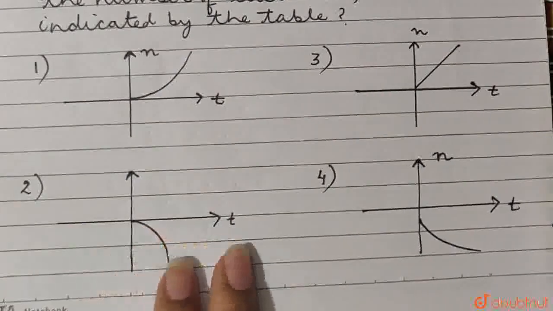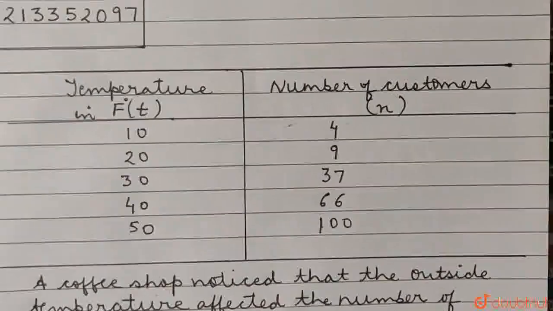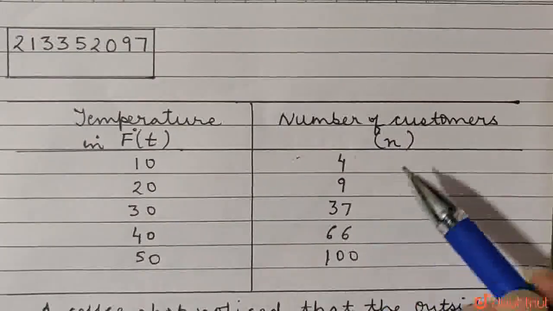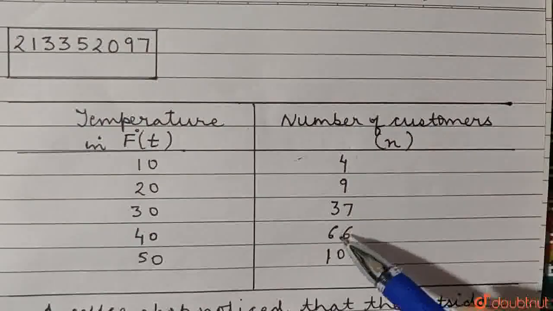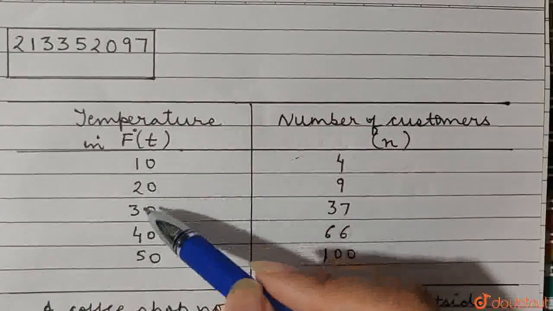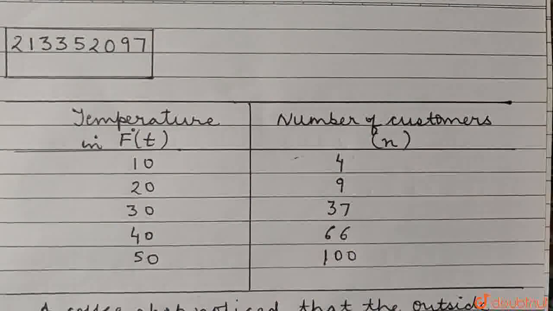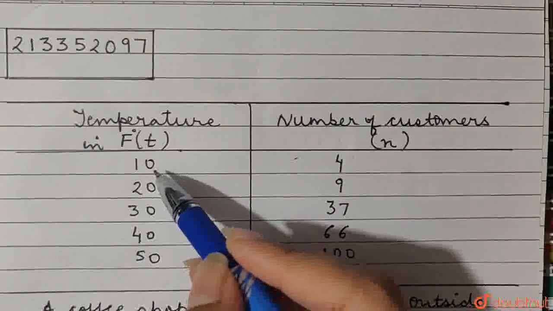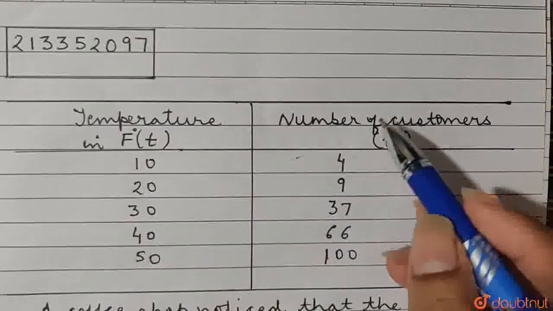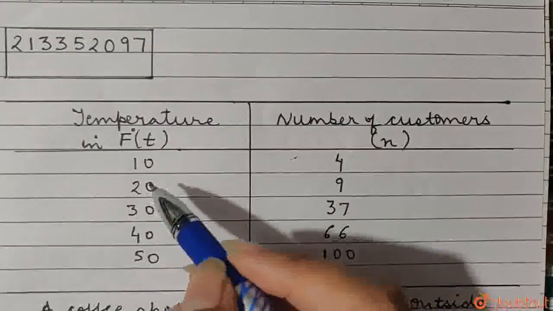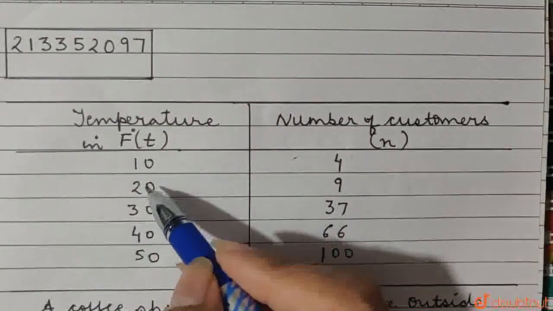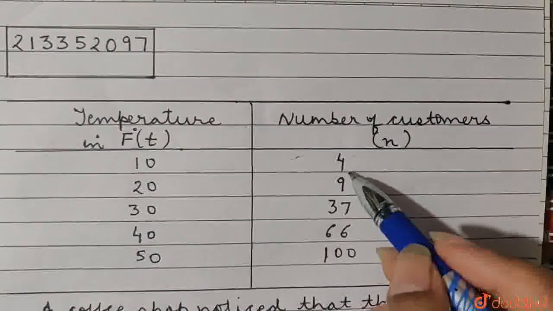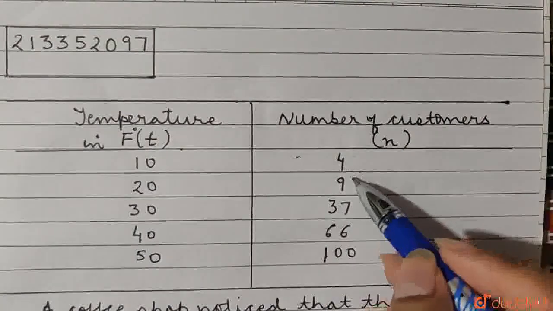Now if we look at the table once again, we observe that the number of customers that are increasing with a constant increase in the temperature is not constant. That means when it was 10 degrees outside, the number of customers was 4. As the temperature increased by 10 degrees, the customers also increased by 5.